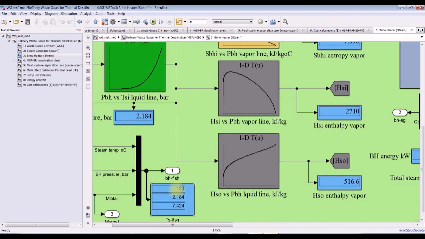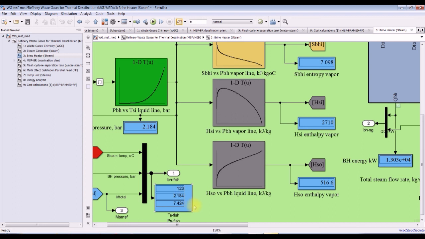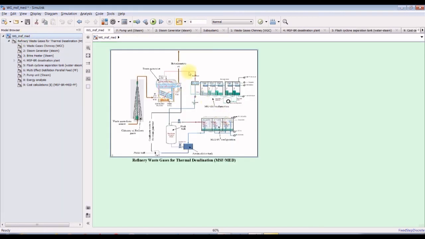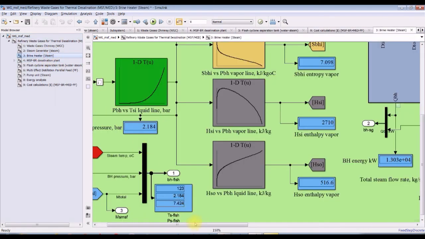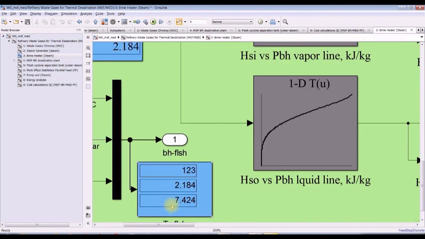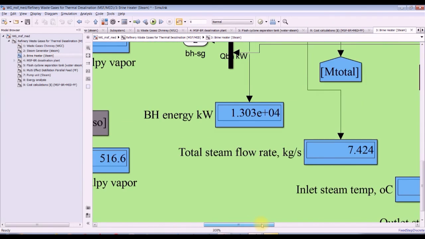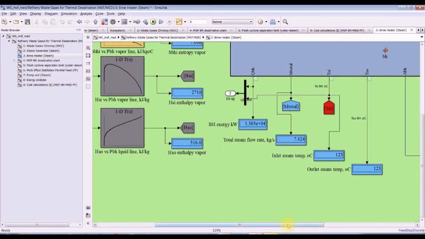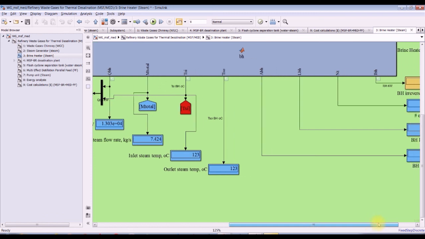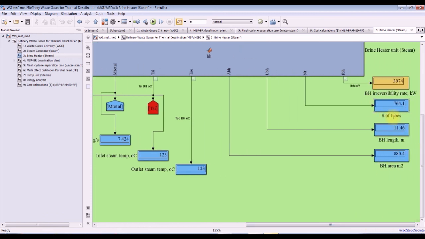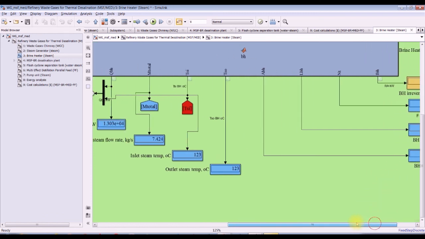This is the top steam temperature going to the brine heater, and this is pressure, and this is the mass flow rate, total mass flow rate through the cycle. Total mass flow rate of the steam through the cycle is about 7.4 kilograms per second. This is brine heater reversibility, number of tubes, area, and so on.